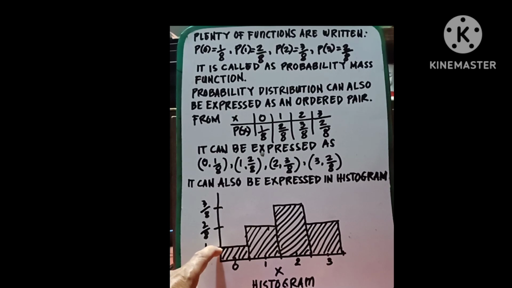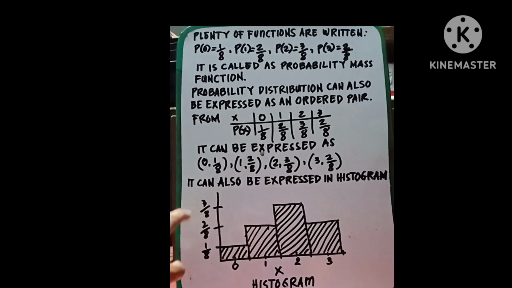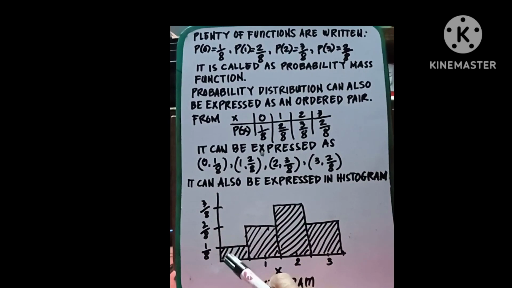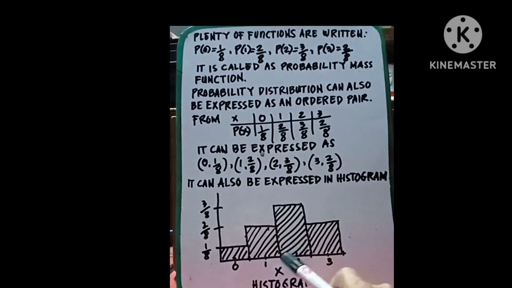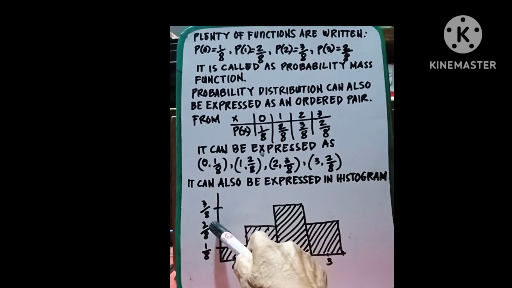Here is 1/8, this one is 2/8, and this one is 3/8. The height only goes up to 3/8. For 0, the height is 1/8. For 1, we have 2/8.